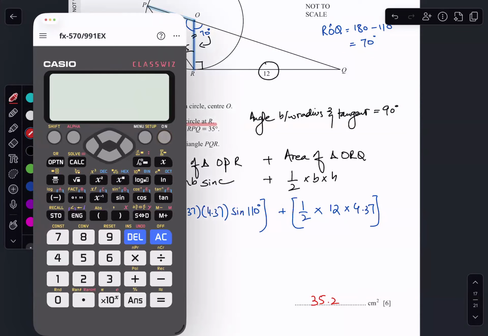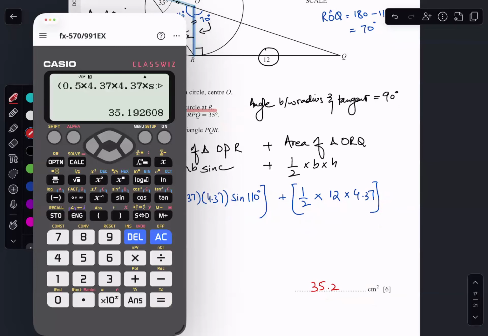So it will be 0.5, using brackets, times 4.37 times 4.37 times sine 110, plus another bracket, 0.5 times 12 times 4.37, bracket close. So we have 35.2. Got it? So use brackets whenever you are using a calculator like this.